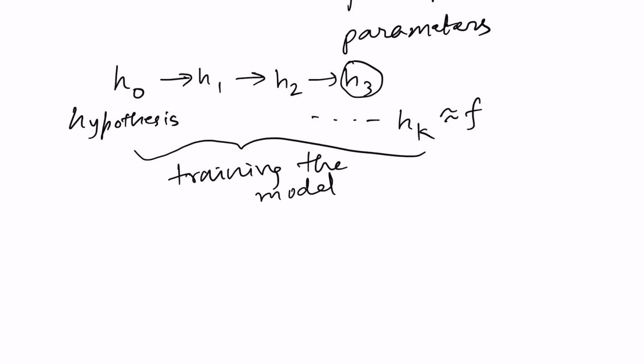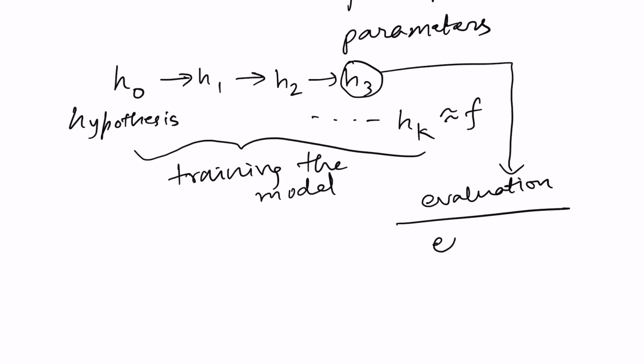For that evaluation, you need something called the error. You define an error function, which gives you a rough estimate of how different you are from the supposed ideal function. At every step you calculate the error, and you move in a direction where the error is reducing, going from hk to hk plus 1. That's how you move.